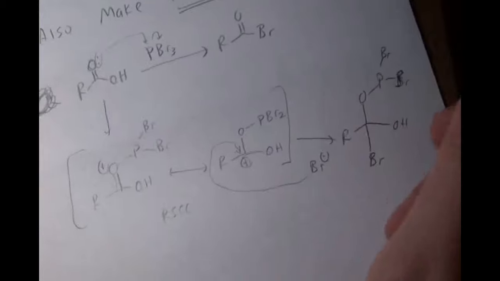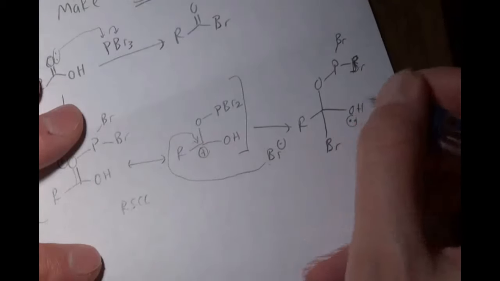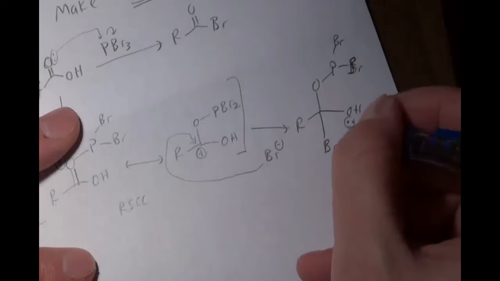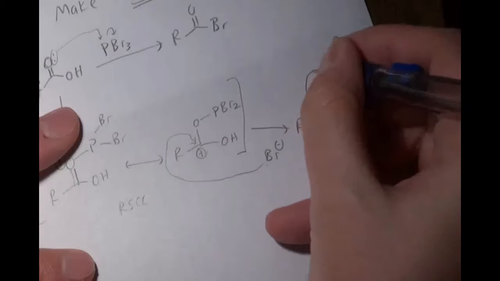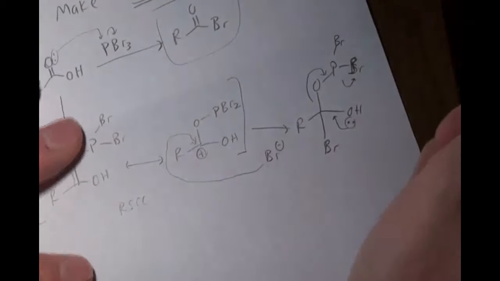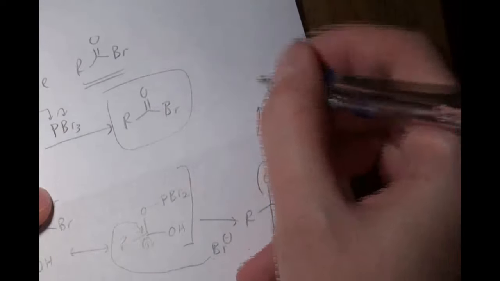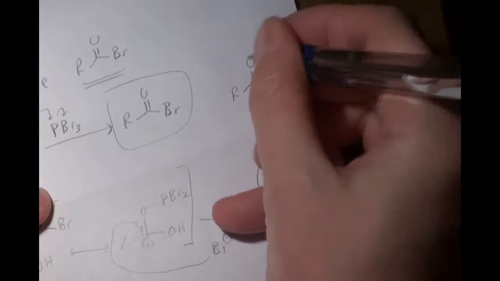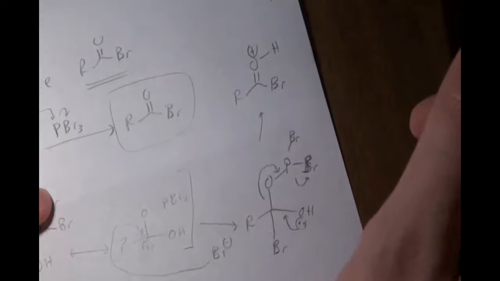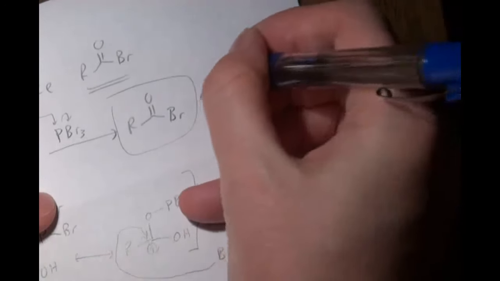Okay, and so now the last step, this is where the actual acid bromide gets formed essentially. Same thing like before, oxygen kicks in, this kicks off and kicks off a Br. And now you get a protonated acid bromide and lots of proton.